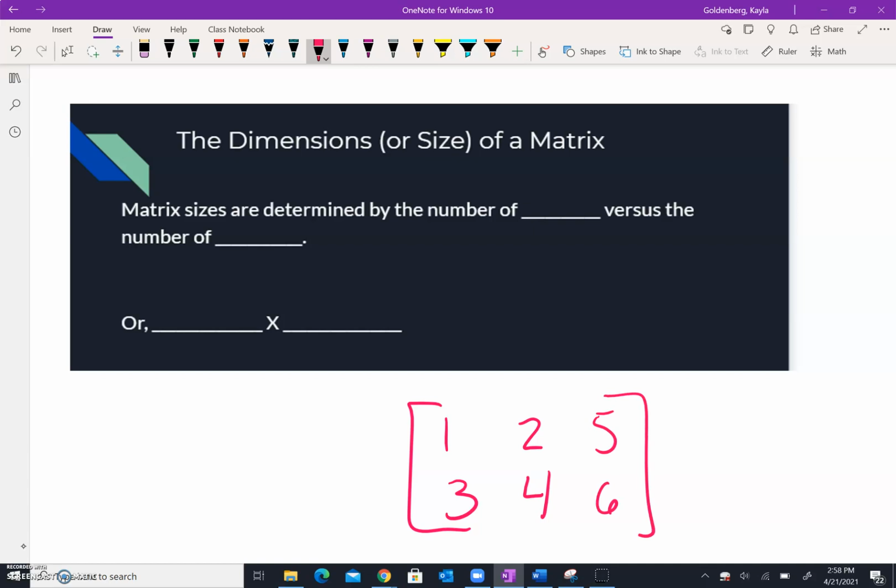So the way that we describe the size is we talk about the rows and the columns. And typically it's n by m. So basically it's rows by columns. So rows by columns.